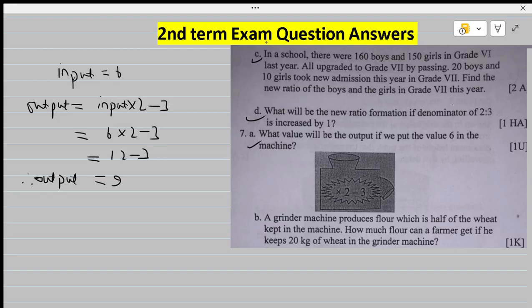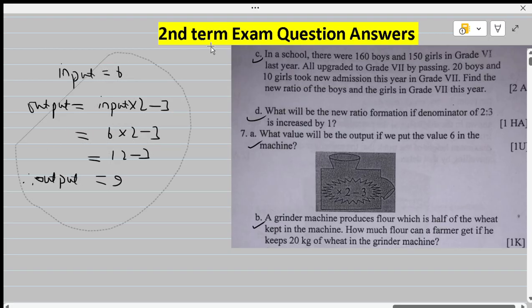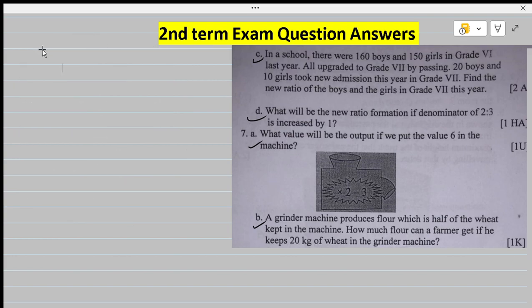So that's 7a. Now I go to 7b. In 7b it says a grinder machine produces flour which is half of the wheat kept in the machine. The machine grinds whichever wheat or other seeds you keep. Here 20 kg of wheat is kept.